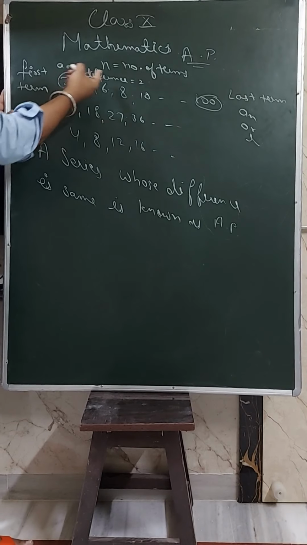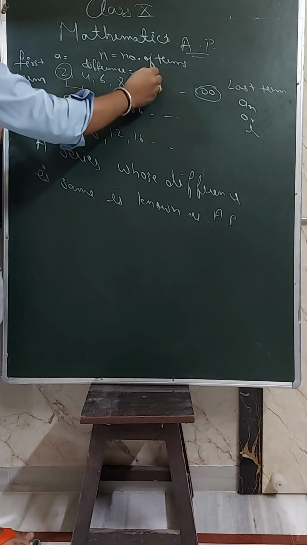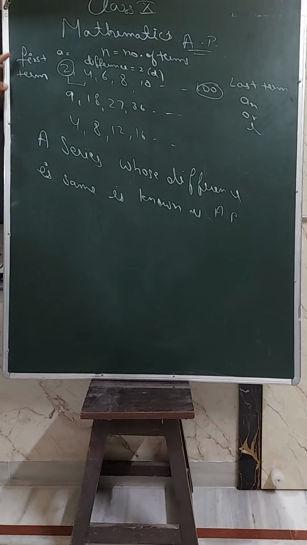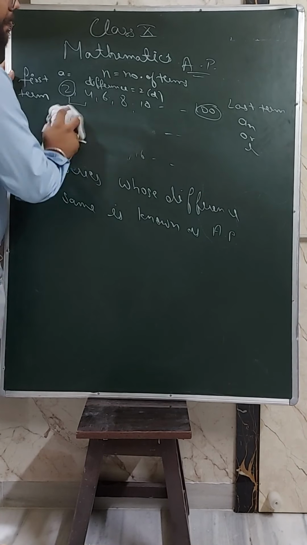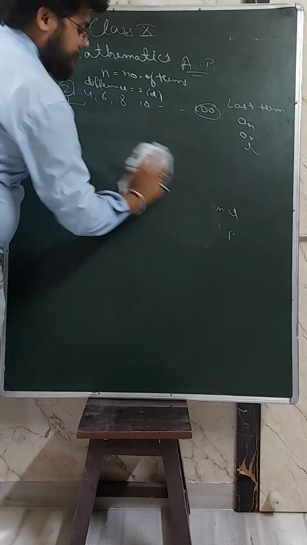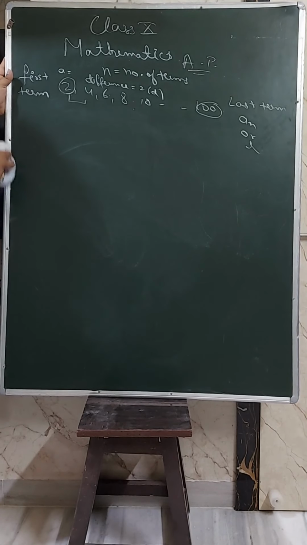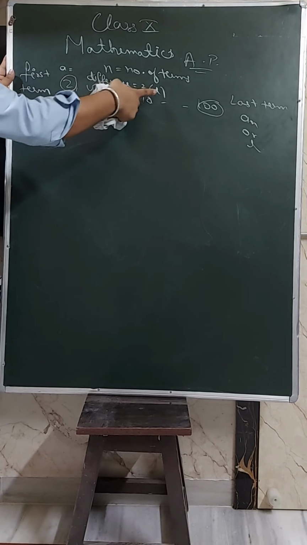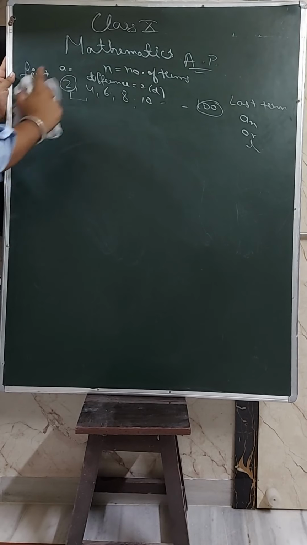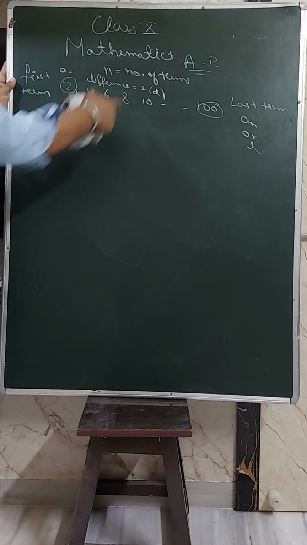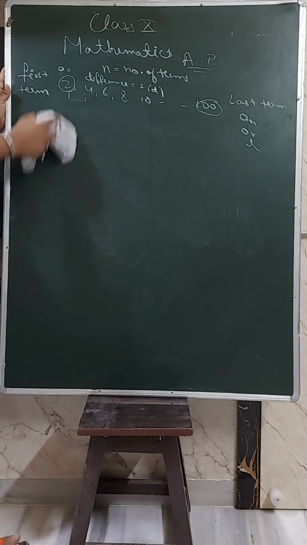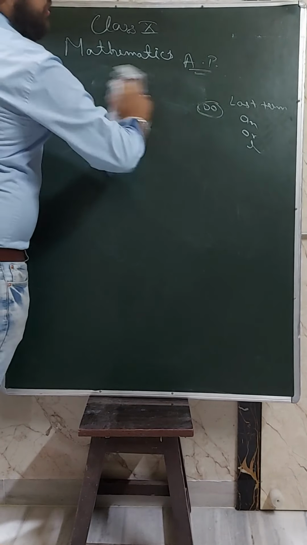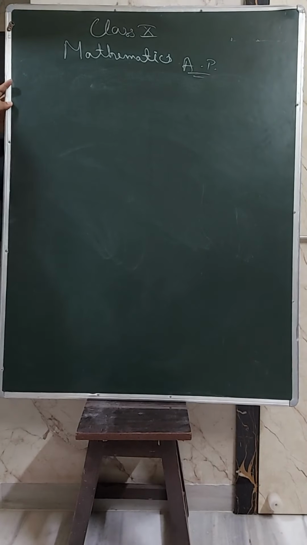The difference will be denoted as d. Simple. So these are the main things I have to tell you: a is the first term, d is the difference, n the number of terms, and l the last term. Note it down.